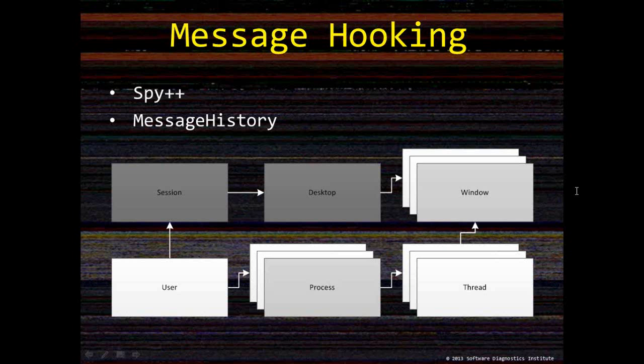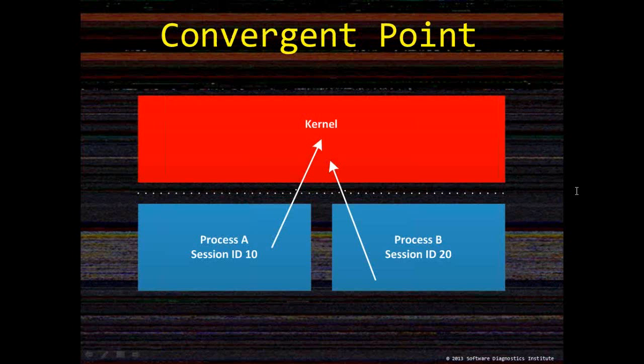So last time I was asked how to do that. Is it possible to do it with Spy++ or message history? I said no, and then I thought maybe it's possible to do via live debugging. Because all these processes, when they try, for example, to send a message, they communicate to kernel.